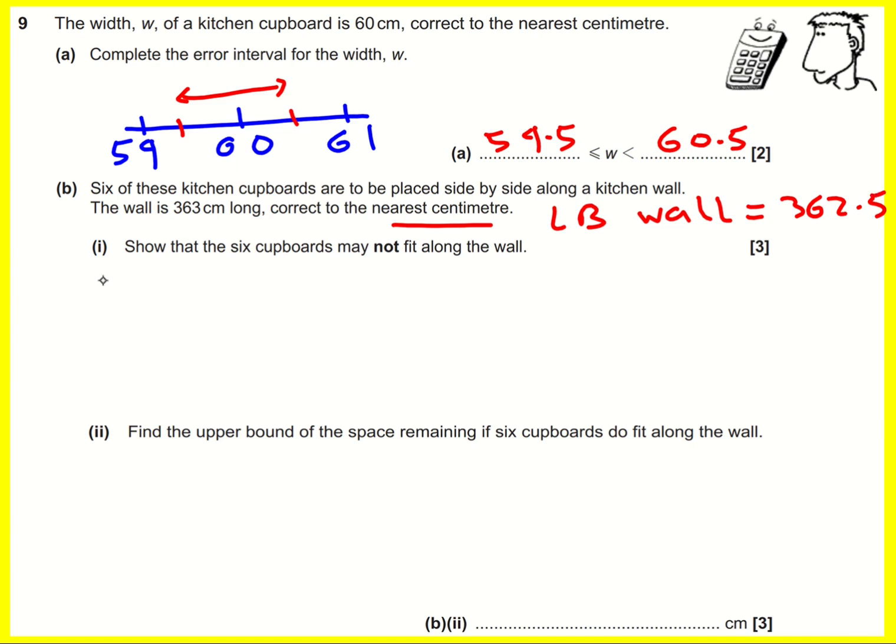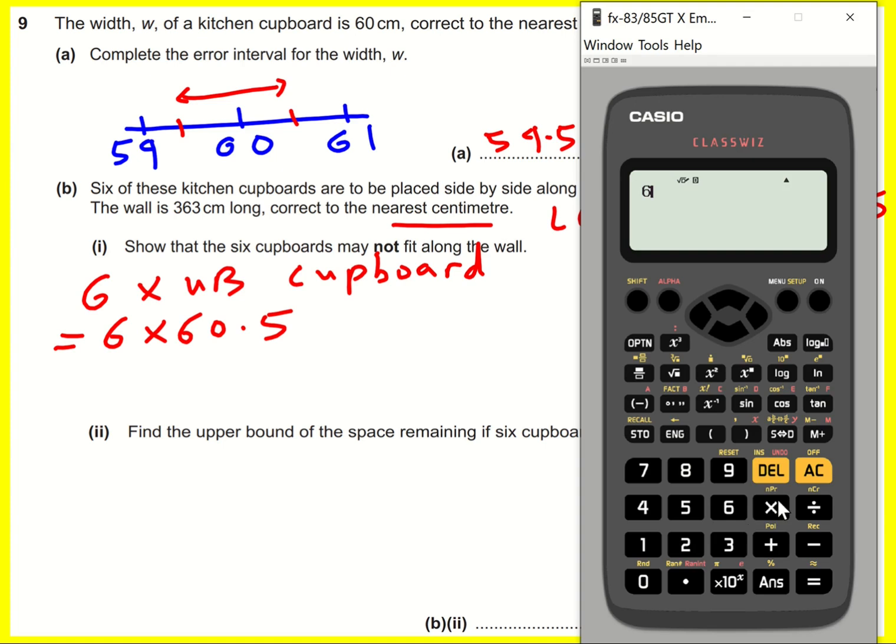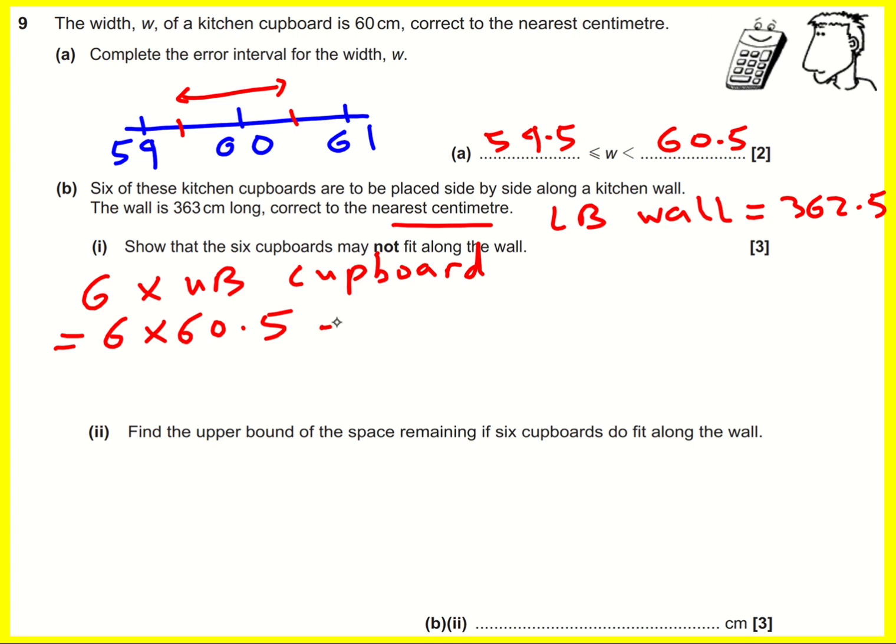And so if we do 6 times the upper bound of the cupboards, like that's the most that it could be, we're going to try and show that that's going to be greater than 362.5. So it's going to be 6 times 60.5, which gives us 363.